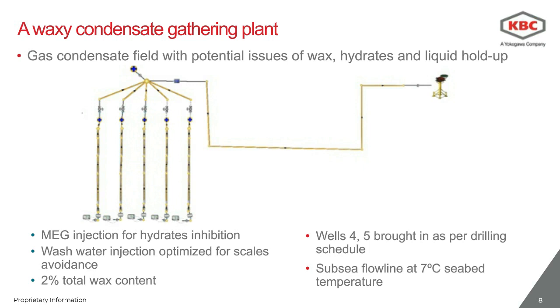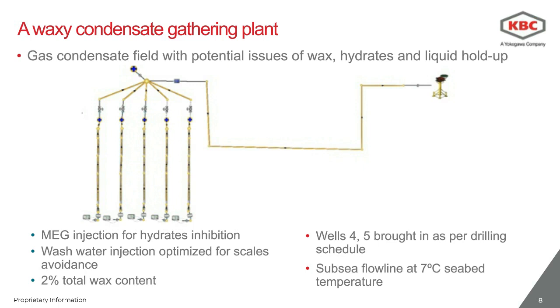Because hydrates is surely going to be a problem, MEG injection is already designed for. Moreover, wash water injection is optimized to avoid scales along the pipeline induced by the MEG injection.